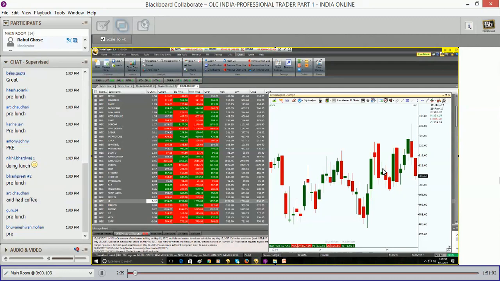Fantastic. Yesterday we had discussed in our session, we had gone through some of the basics of candlesticks. We had gone through some basics of charting, and we had also gone through the concept of how demand and supply works. Yes, we had discussed how the pending orders, once they start to get executed, you see either price rise or price falling.